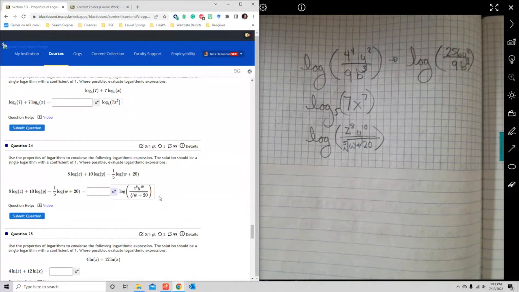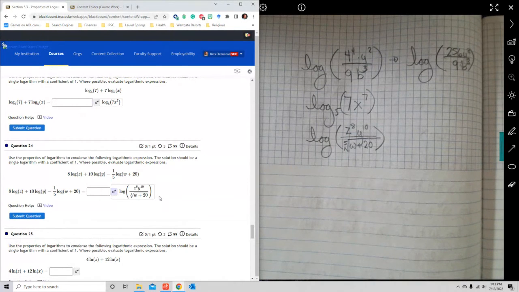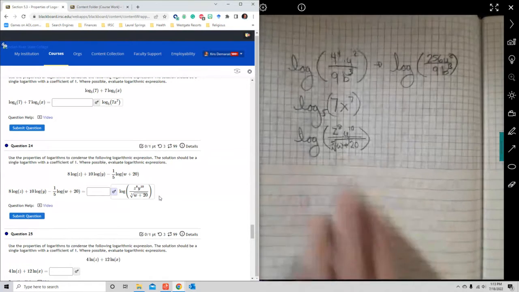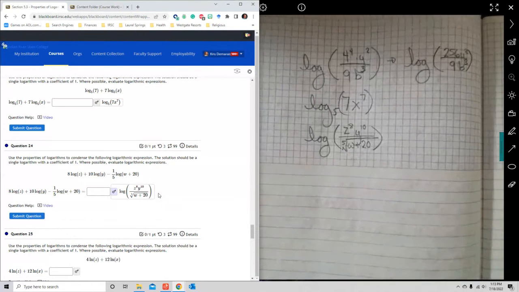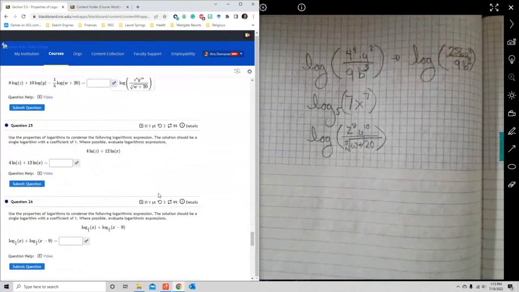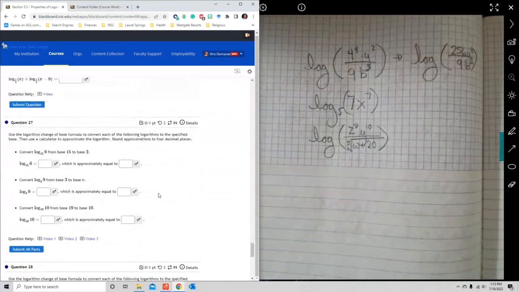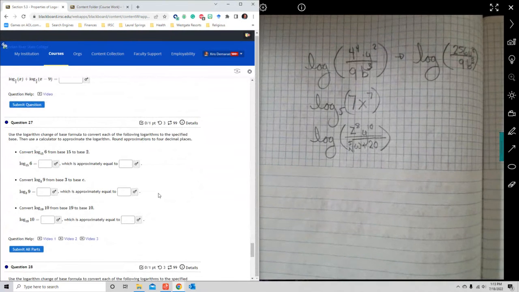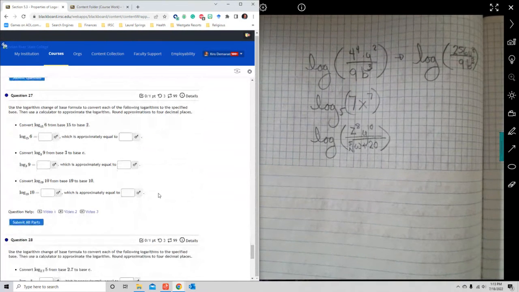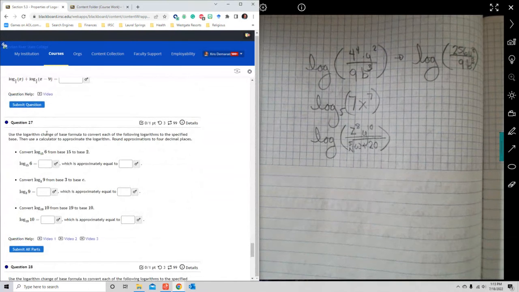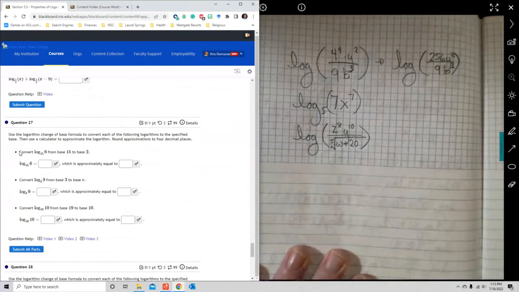All right. So condensing is the opposite of expansion. And you get the feel for what they're looking for when you do enough of these problems. I've done a lot of this for you guys. Oh yeah, now this is the change of base formula.